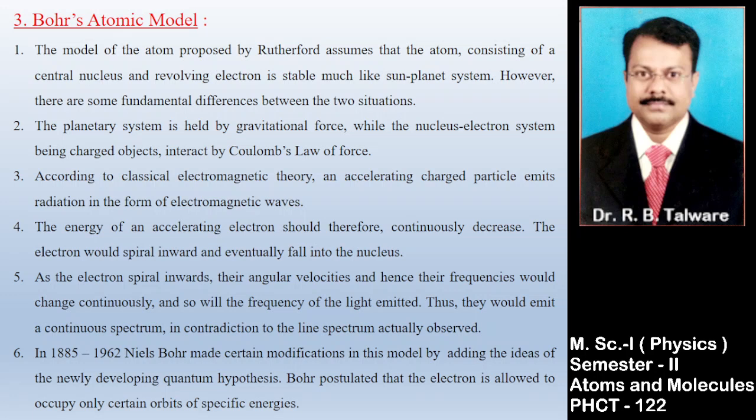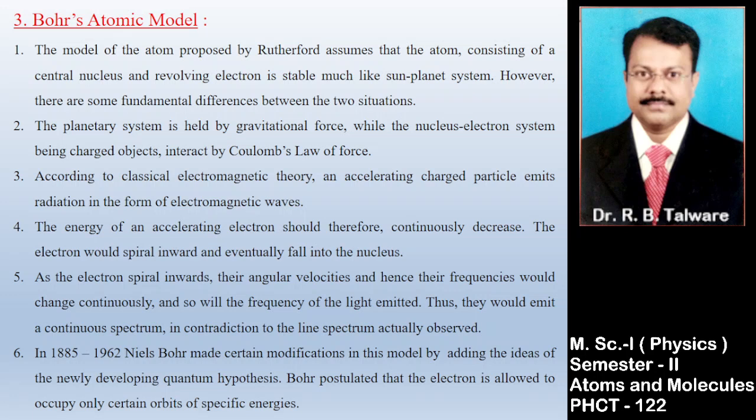Rutherford says the electrons are revolving around the nucleus, but Bohr says these are stable electrons. This is the difference between these two models. And the second one is the planetary system is held by gravitational force while the nucleus-electron system, being charged objects, interact by Coulomb's law of force.